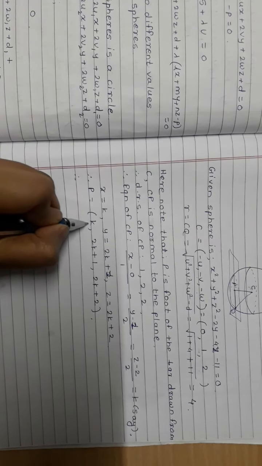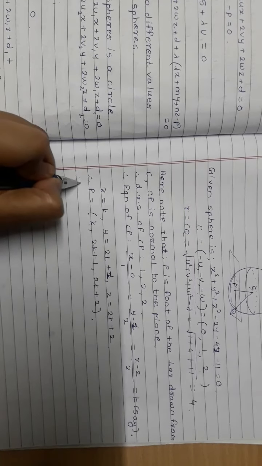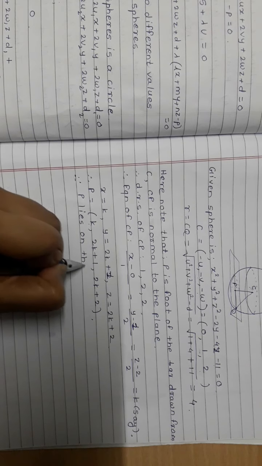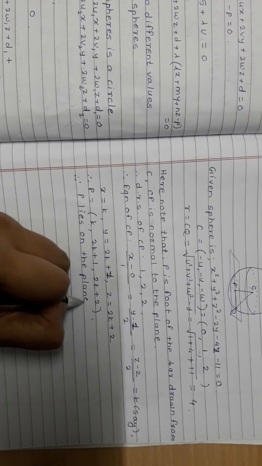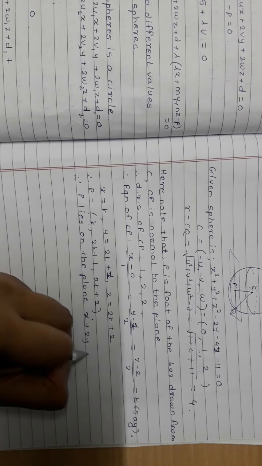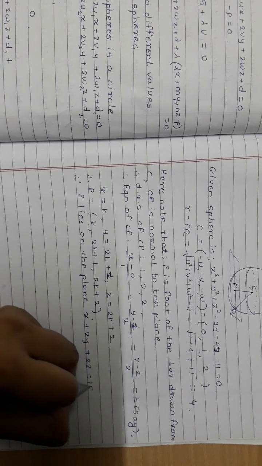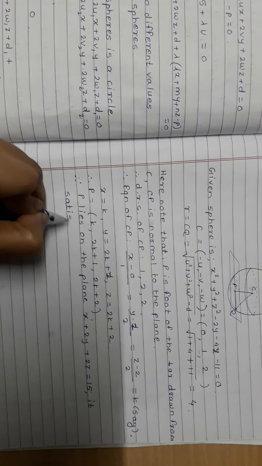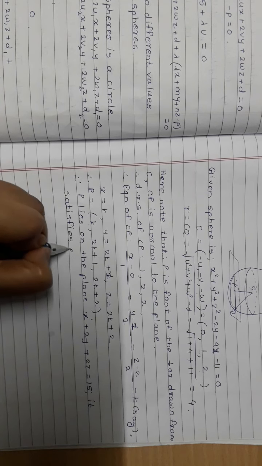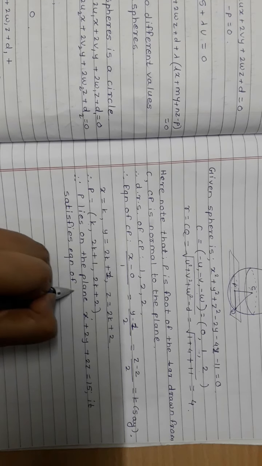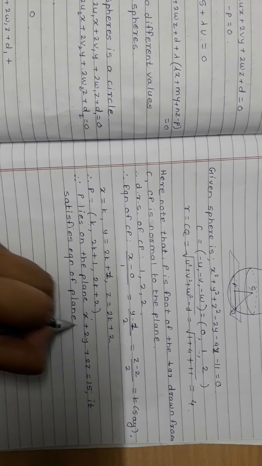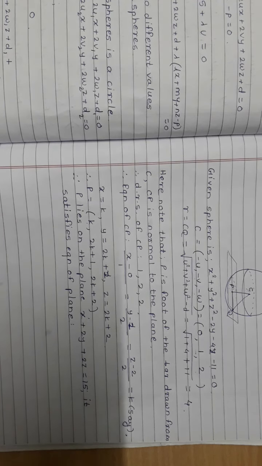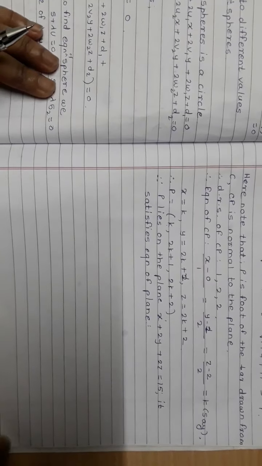So that's how I'm going to figure out the value of K. Since P lies on the plane, x plus 2y plus 2z equal to 15, so it satisfies the equation of the plane, right? So just substitute this point in the equation and we'll figure out what must be the value of K, right?